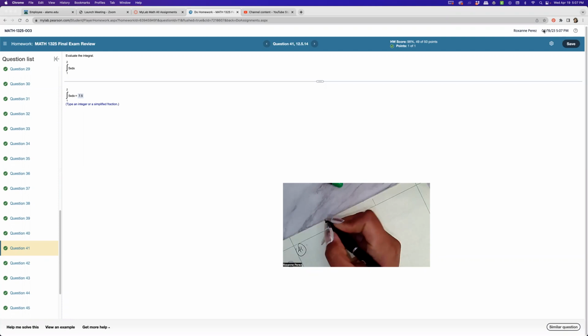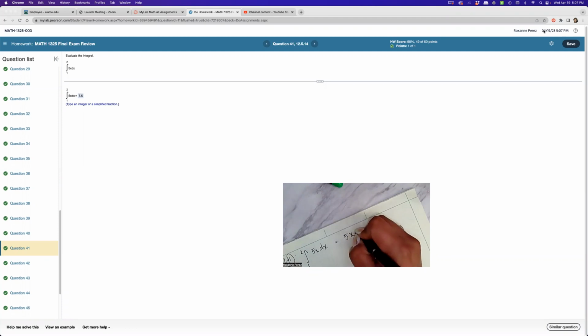Question 41. Evaluate the definite integral from 1 to 2 of 5x dx. That's going to give us 5x squared over 2, and we're evaluating from 1 to 2.